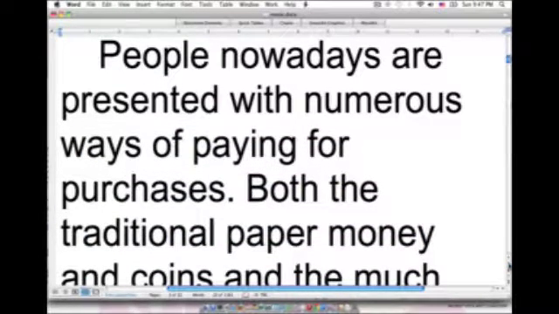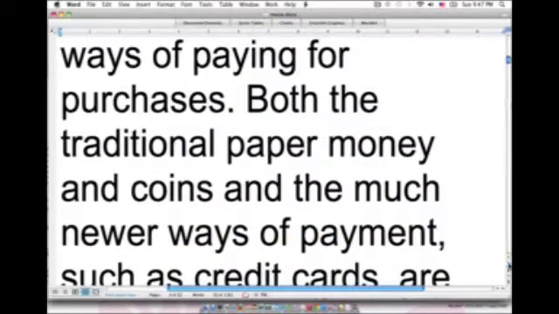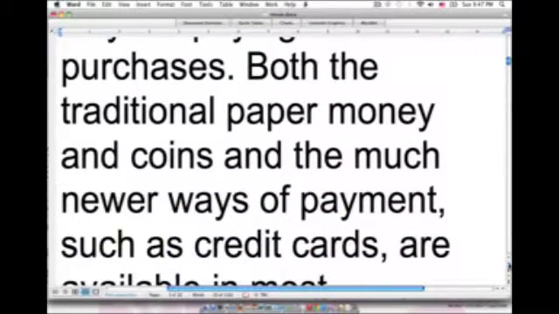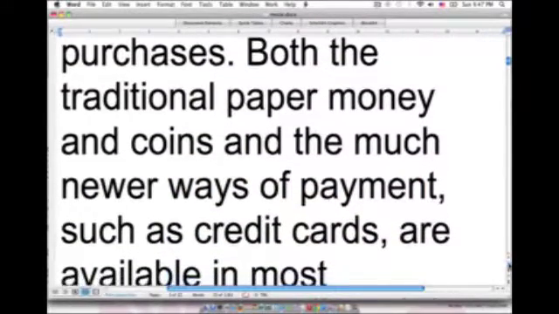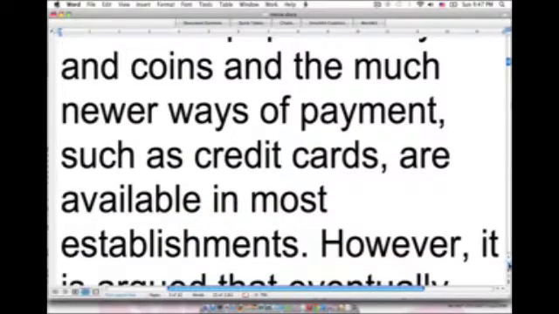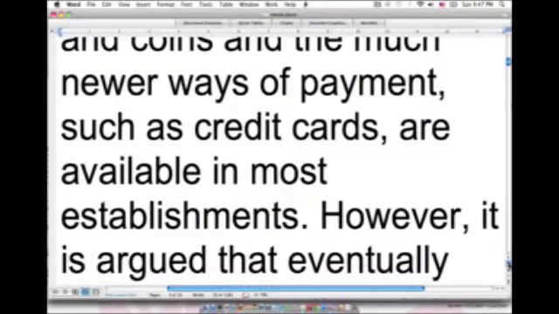People nowadays are presented with numerous ways of paying for purchases. Both the traditional paper money and coins, and the much newer ways of payment, such as credit cards, are available in most establishments.